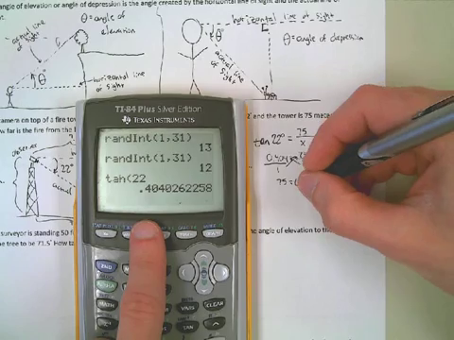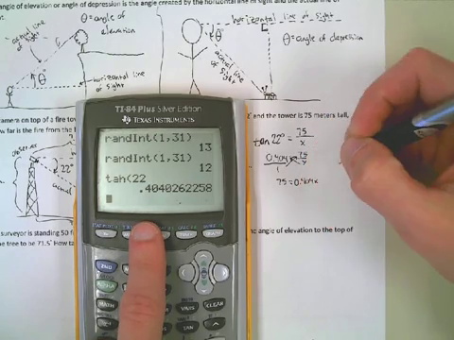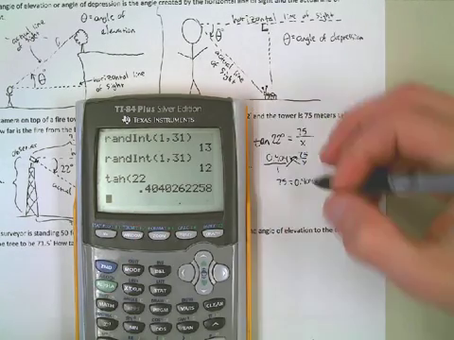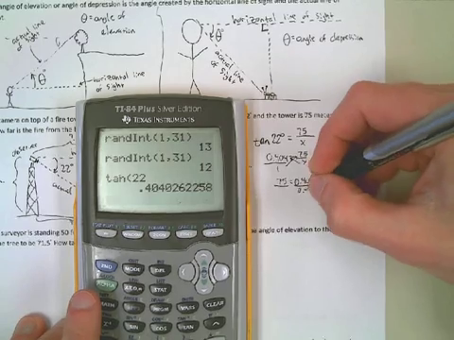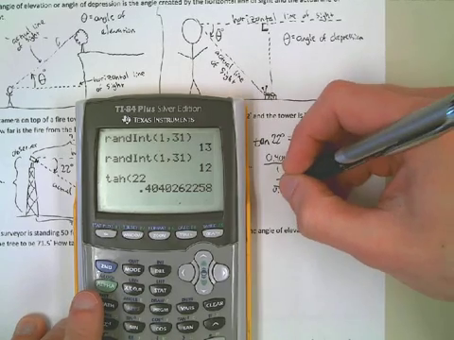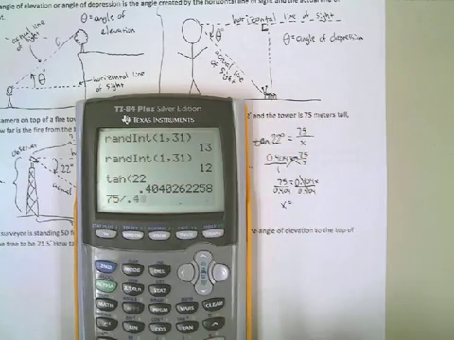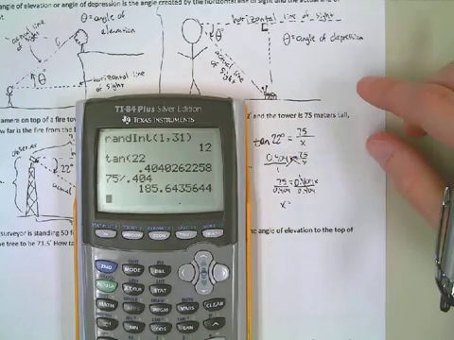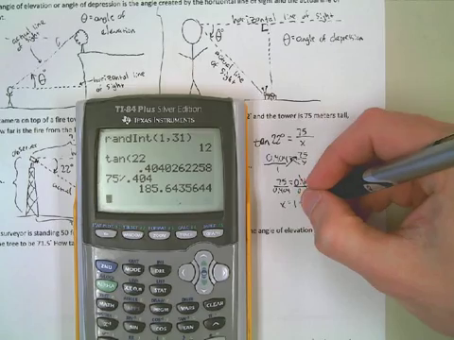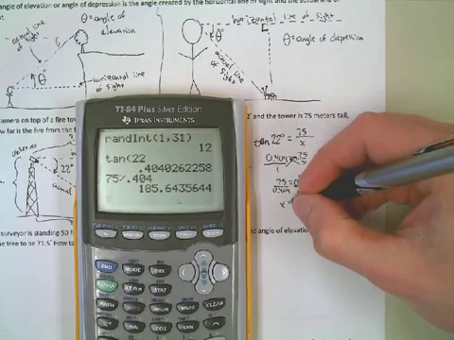Okay, and then divide both sides by 0.404. And so x equals 185.6. I'm going to put a squiggly equal sign because it's approximate. I put 0.40 and I got 187.5.